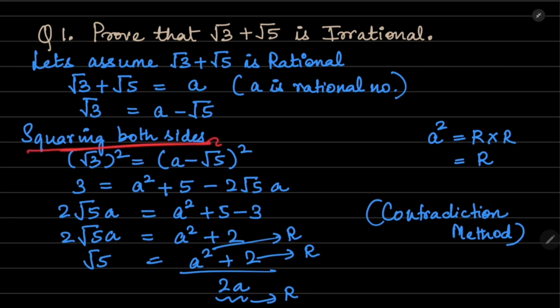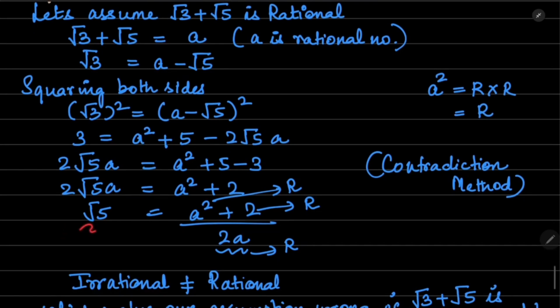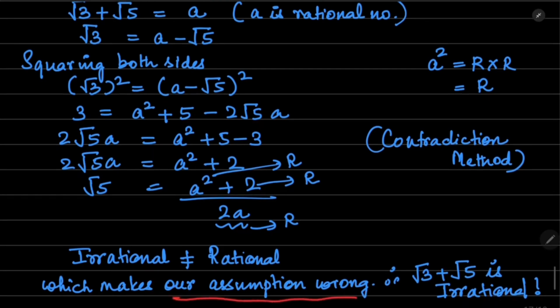You have to square on both sides. When you square root 3 the whole square, you get 3. A minus b the whole square is a square plus b square minus 2ab. Then you rearrange the terms and solve it so that in the LHS you have an irrational, and all the other terms make up a rational. Rational by rational is also rational. So we finally conclude by saying that irrational cannot be equal to rational, which makes our assumption wrong.